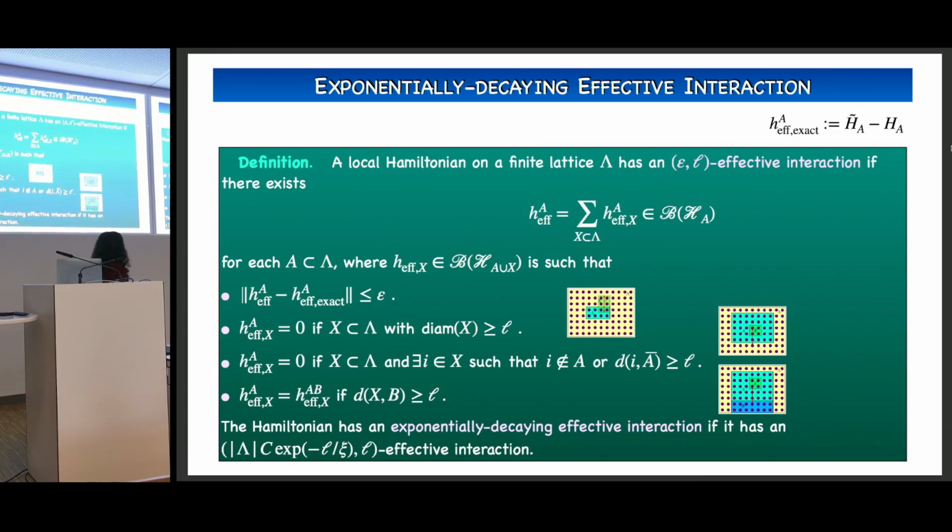And finally, what we also say is that if you consider one such X, which is contained in this A, and you append something outside that is too far from it, this doesn't change at all. Okay, so these are the rules that we're following here.